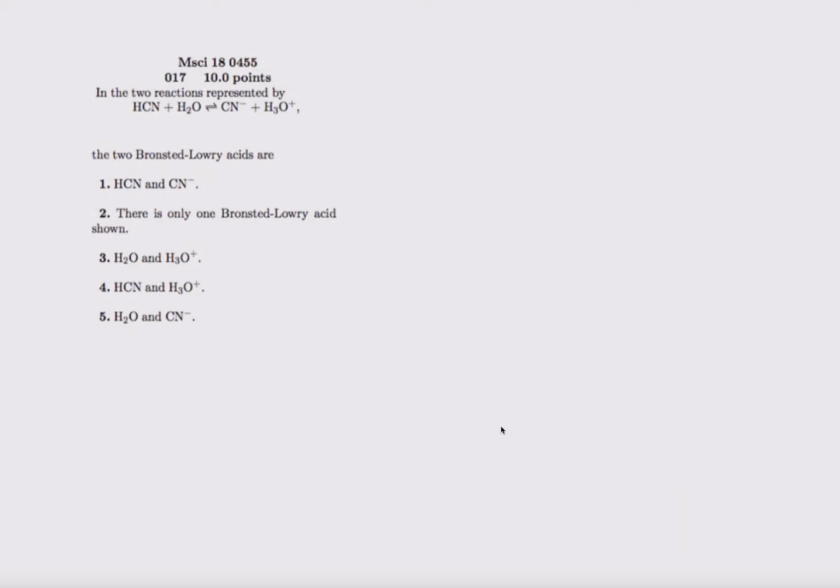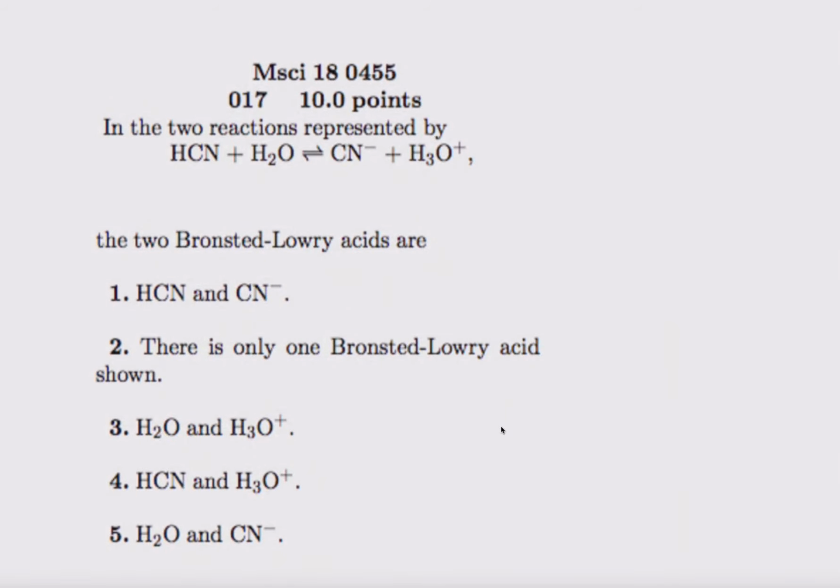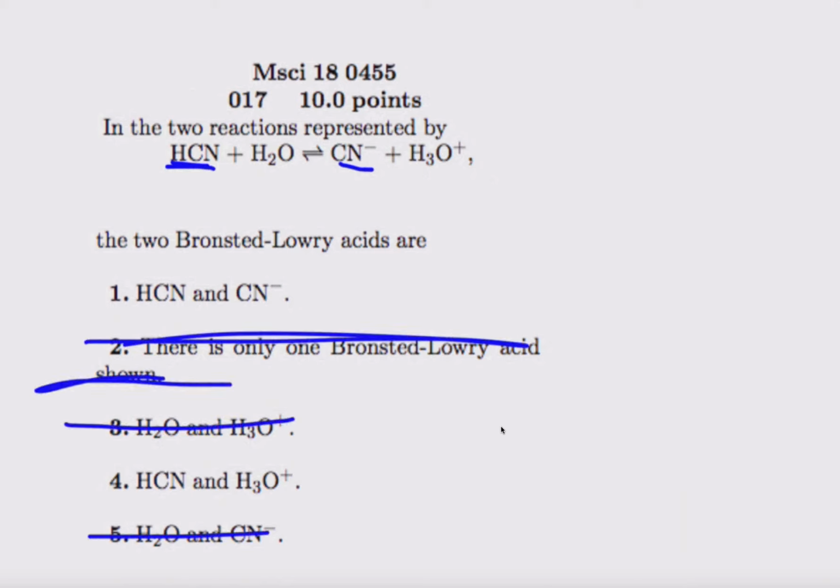So going from left to right, which of the species is donating a proton? Well, the one that donates a proton in this case is the hydrogen cyanide, because it ends up as just the cyanide ion. So the hydrogen cyanide is the base, or sorry, the acid in the forward reaction.